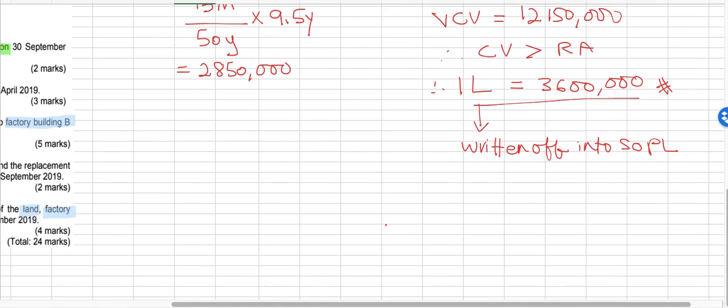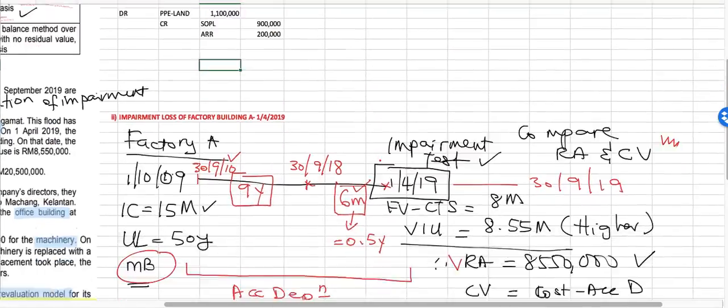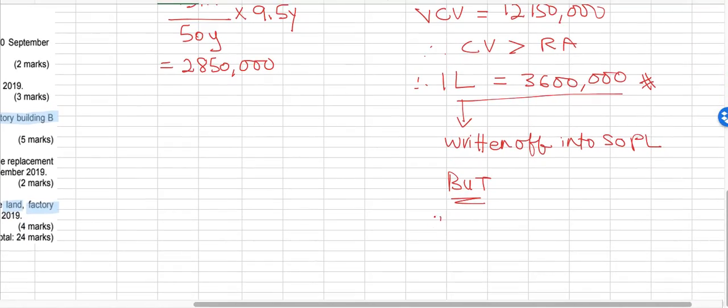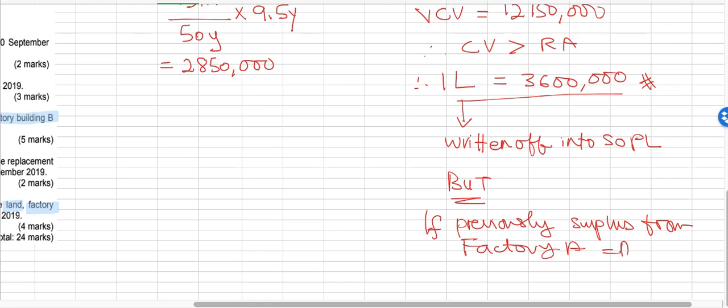Okay, this question doesn't ask, but I will explain. But if previously there is a surplus from factory A, then it has an ARR.